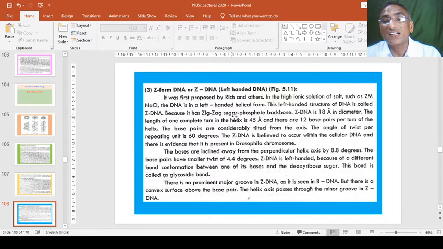Therefore, the strands have a zigzag phosphate backbone structure, and Z-DNA is 18 angstrom in diameter. The length of one complete turn in the helix is 45 angstrom, whereas in the beta form we have seen 34 angstrom.